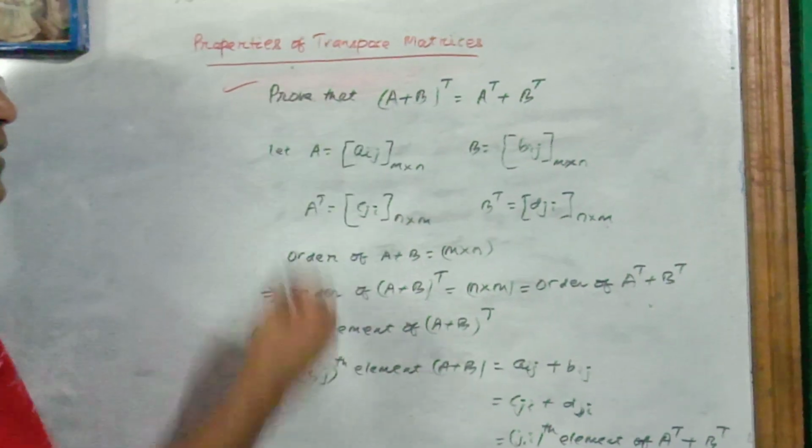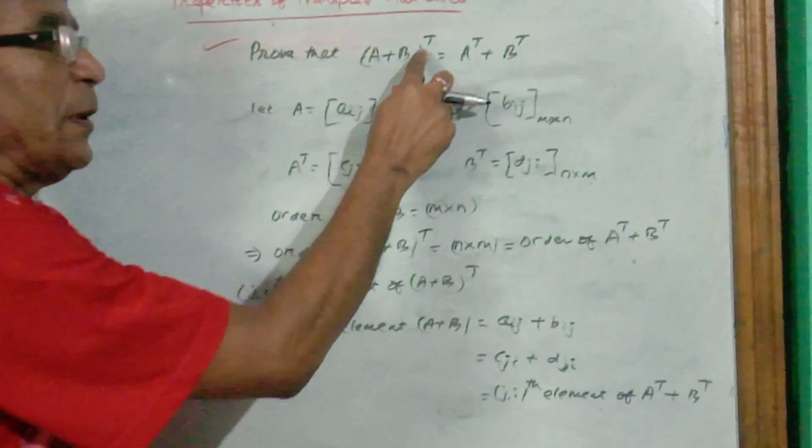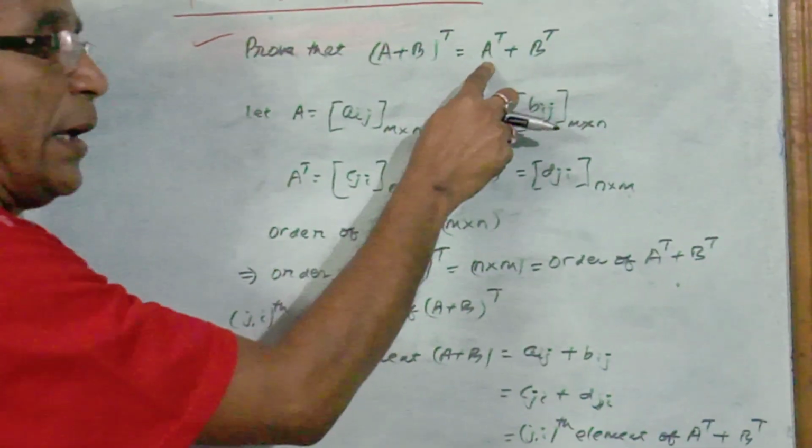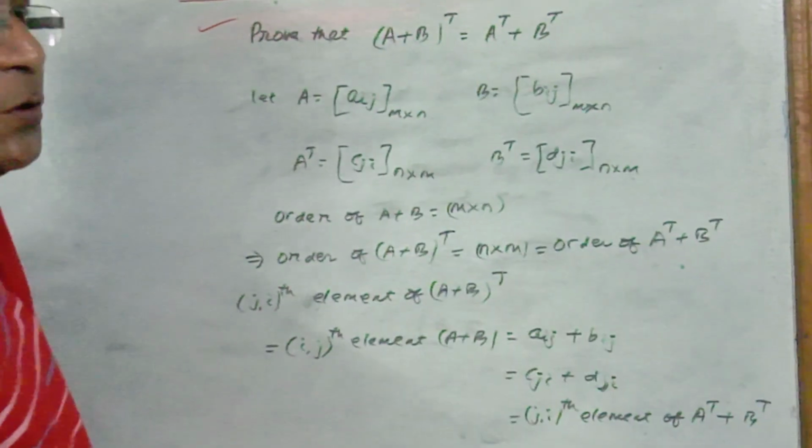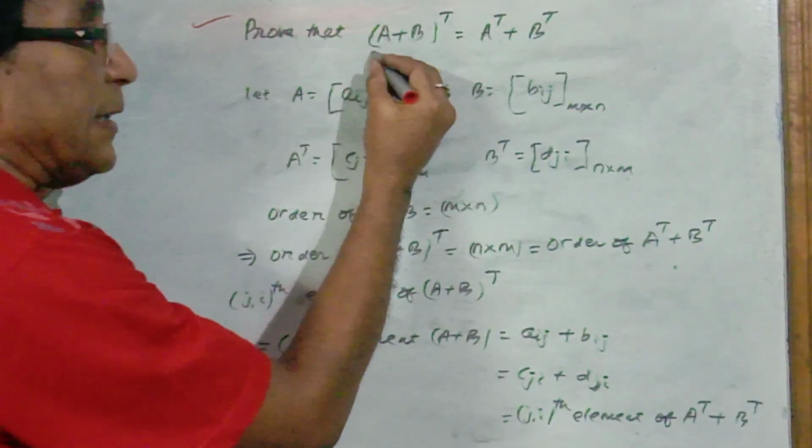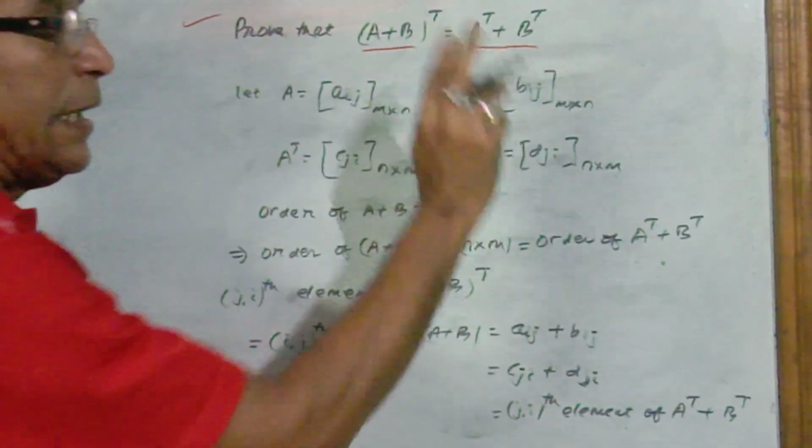So the first property is: prove that A plus B whole transpose is equal to A transpose plus B transpose. We have to show that these two matrices are equal.